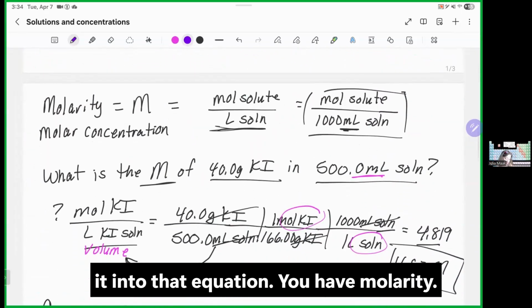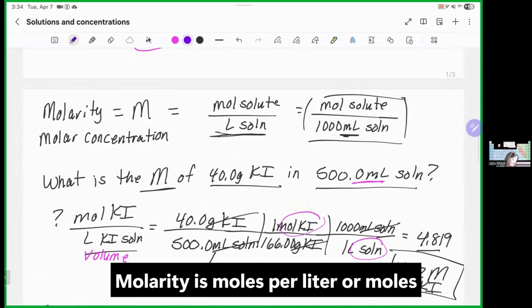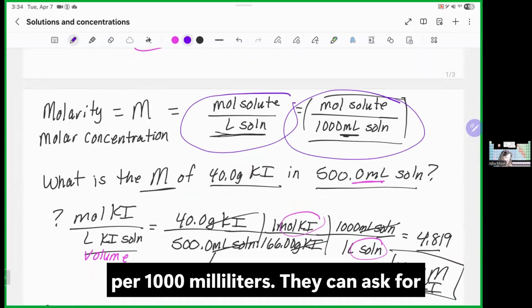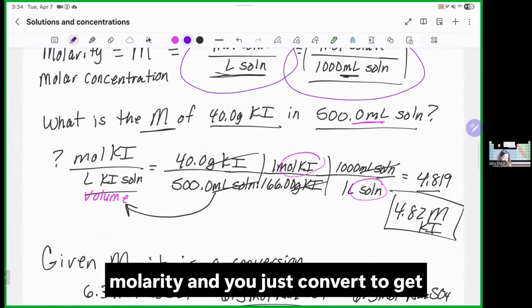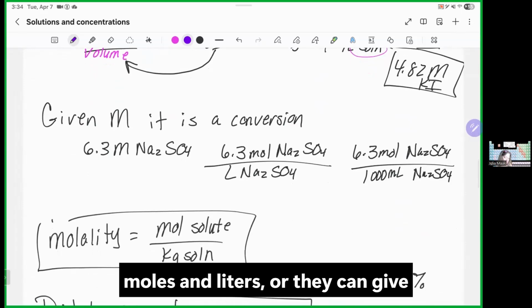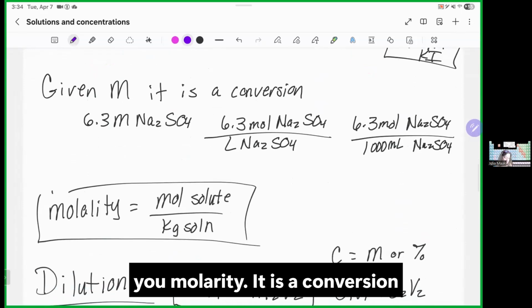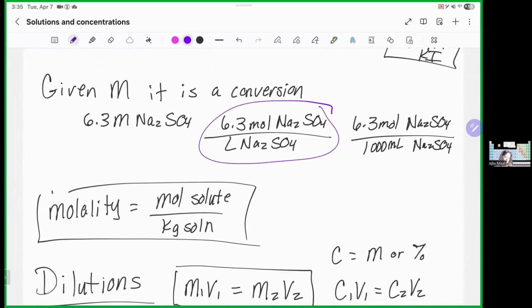You have molarity. Molarity is moles per liter or moles per 1,000 milliliters. They can ask for molarity, and you just convert to get moles in liters, or they can give you molarity, and it is a conversion factor.